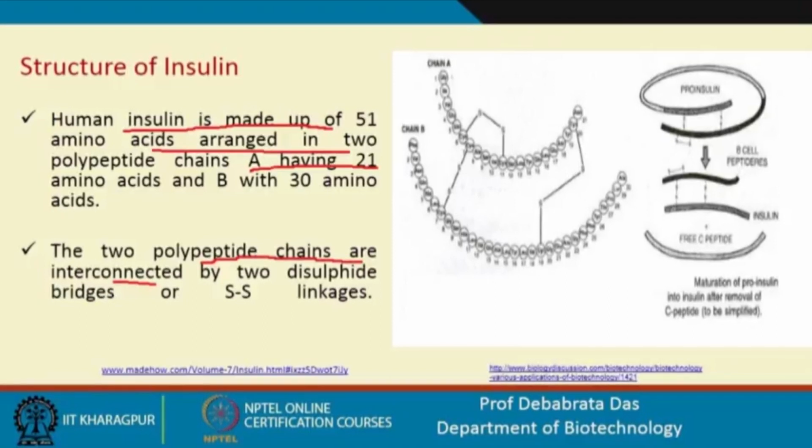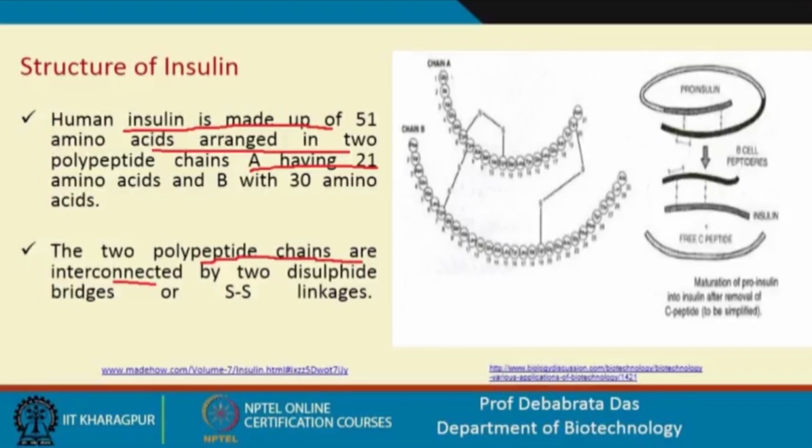This is chain A and this is chain B, and they are connected with the help of sulfide bonds. Chain A has 21 amino acids and chain B has 30 amino acids.